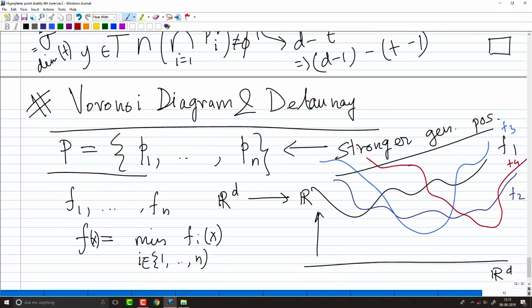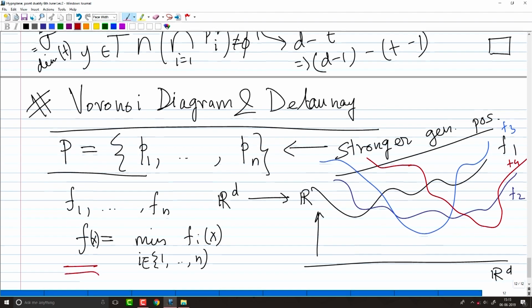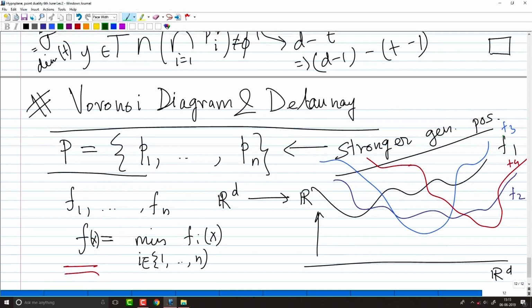How does the graph of this function f look? These different colored curves are the graphs of the functions fi. How does the graph of the function f look? It will be something like this, right?